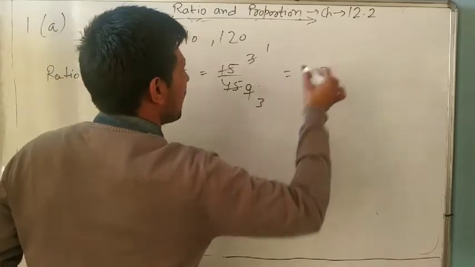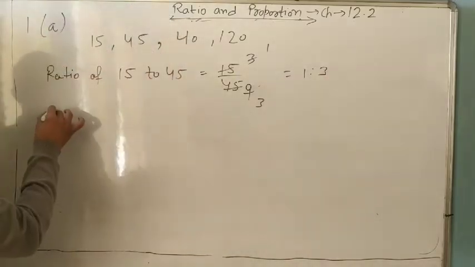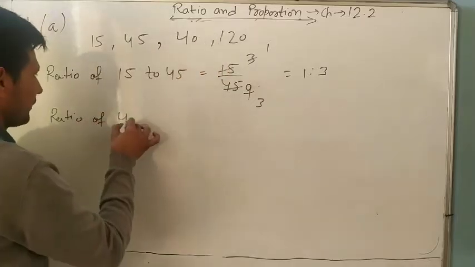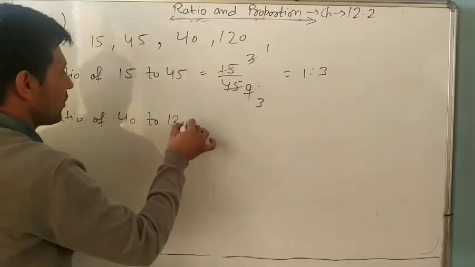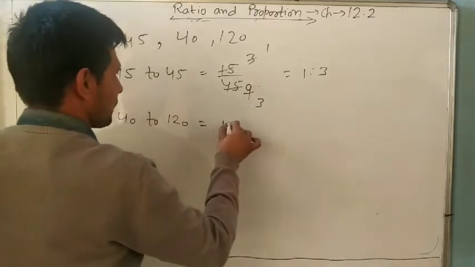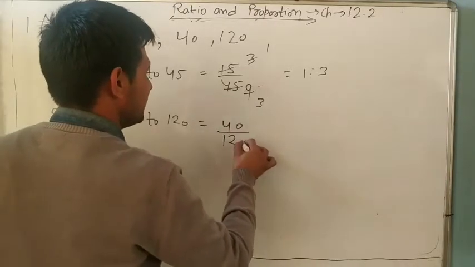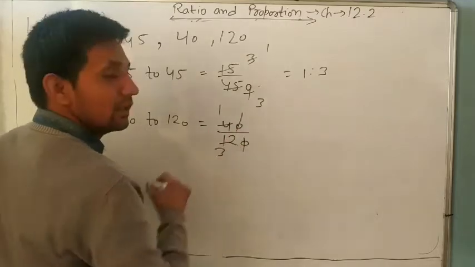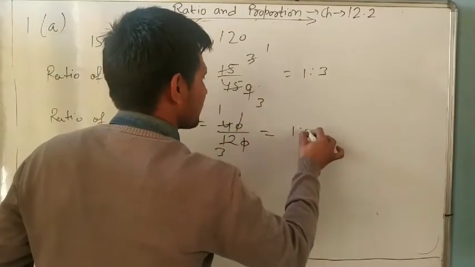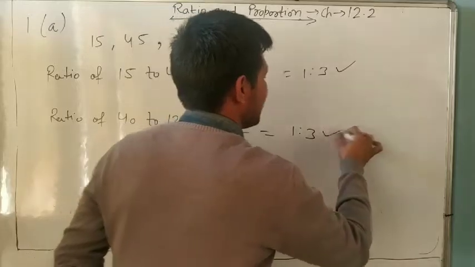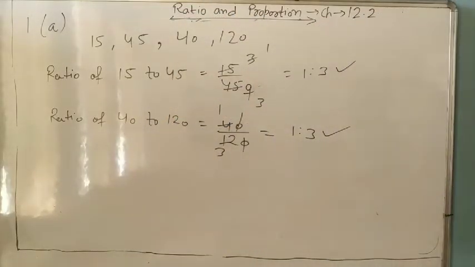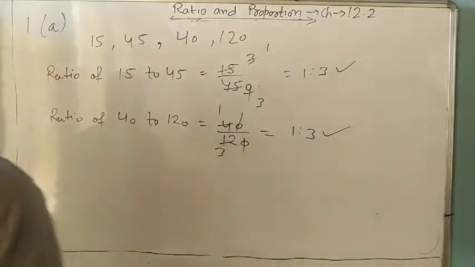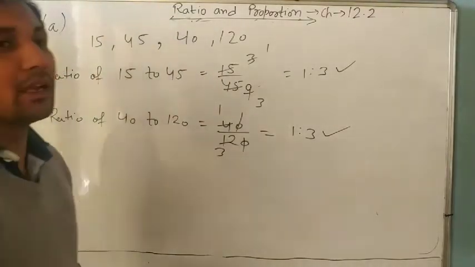So the ratio is 1:3. Next we find the ratio of 40 to 120. Cancel the 0, then 4 ones are 4 and 4 threes are 12. So the ratio is 1:3. It is also 1:3. It means both ratios are equal, so we can say that they are in proportion.